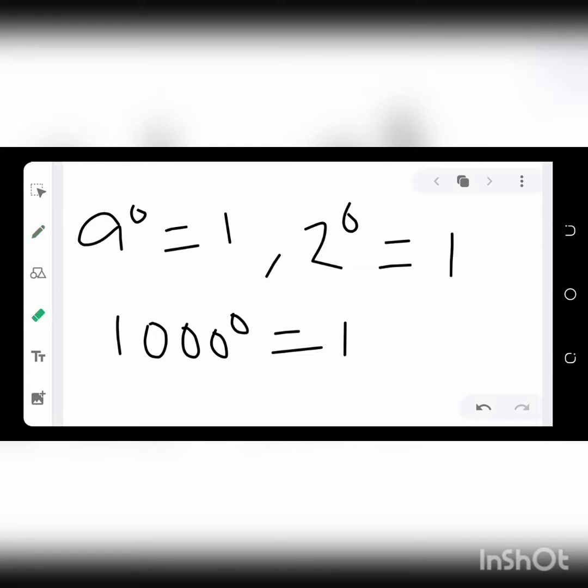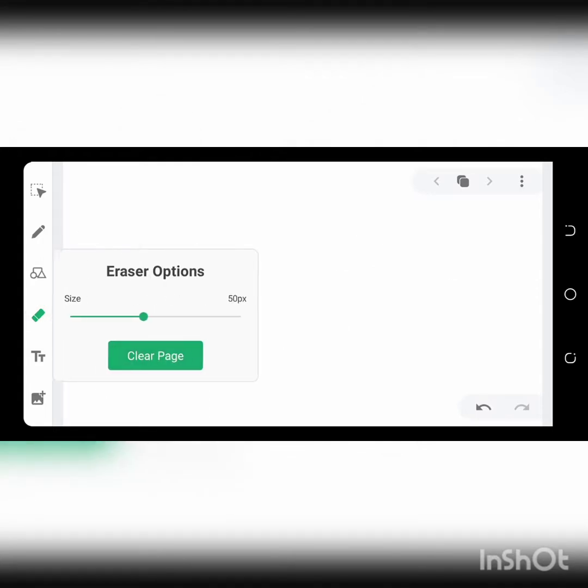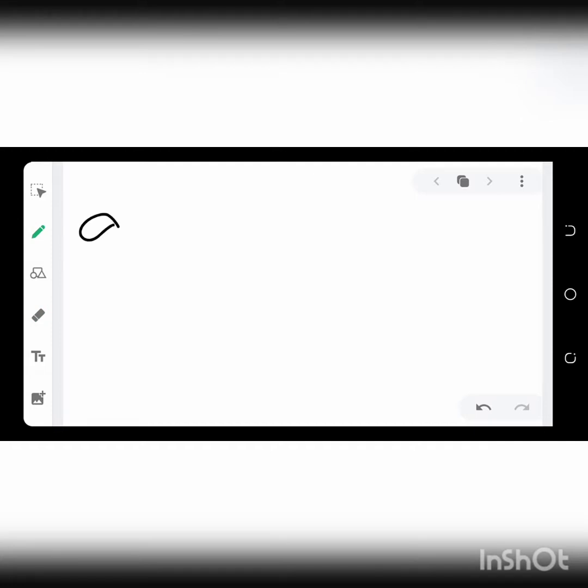Then for the second law, I have the inverse power law. In the inverse power law, I have something like a raised to the power of minus m.